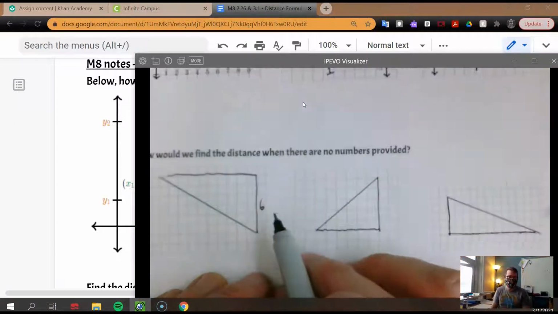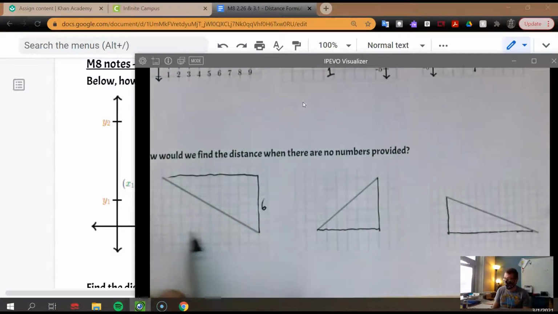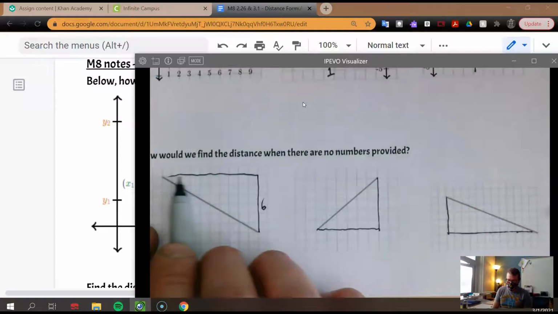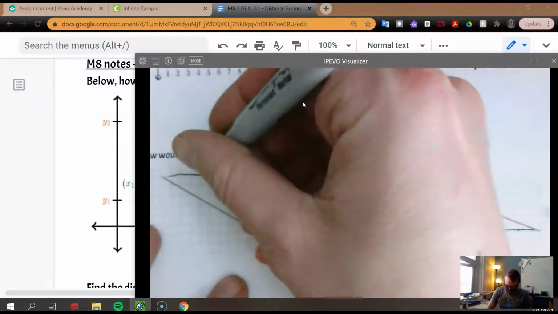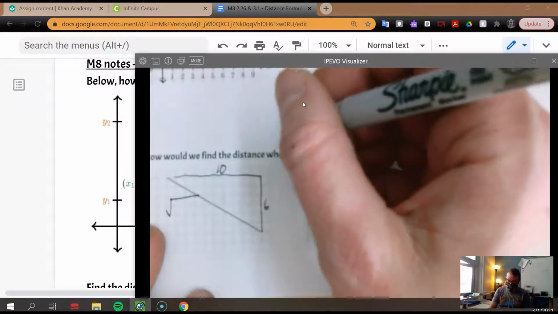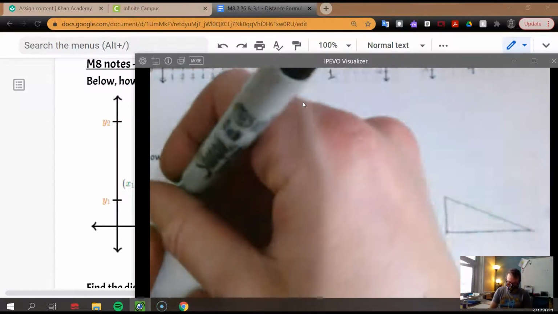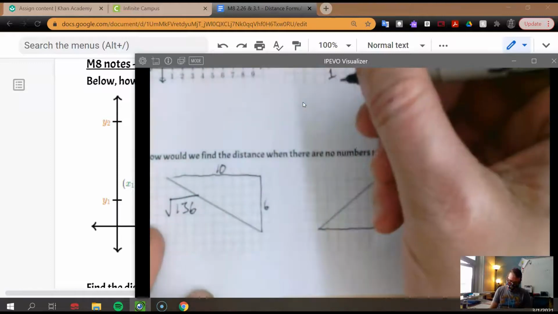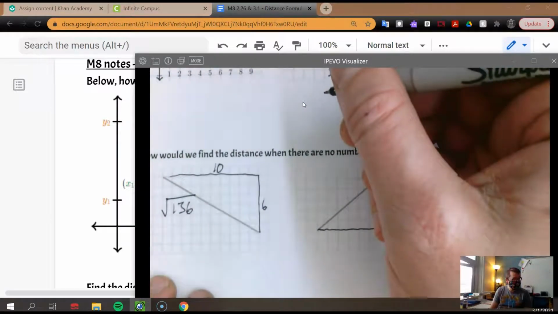Logan, let's talk about that answer on that specific problem. So is that for this one, the first one? So we got a leg of 6, and then what's our other leg? 10. So then this is really going to come out to be radical 136.